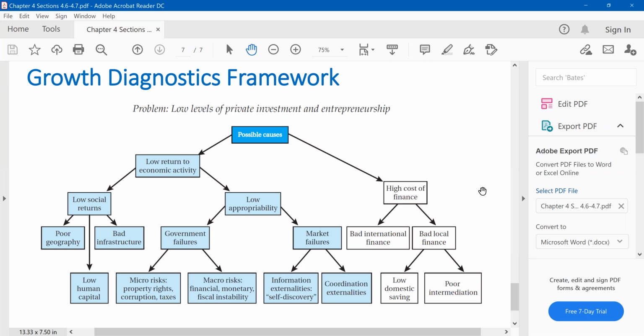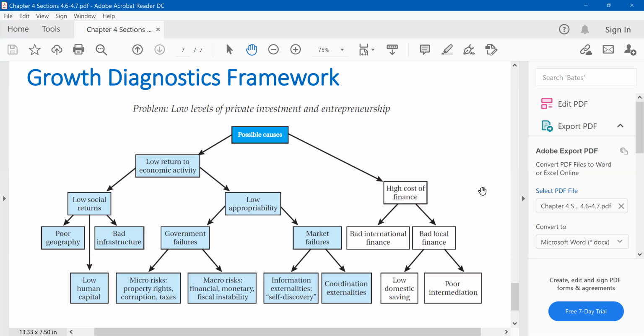All right. Another is taxes. Imagine that the government is heavily taxing the private sector. Imagine that there's a set of distortionary tax policies that decreases appropriability almost to zero.